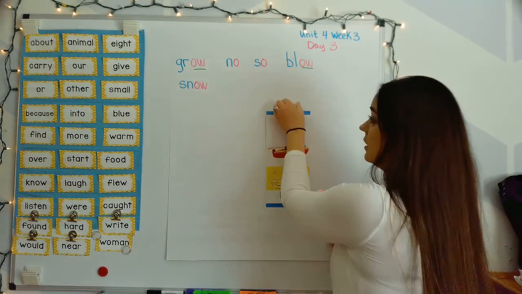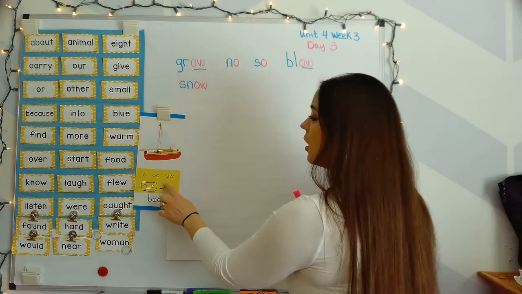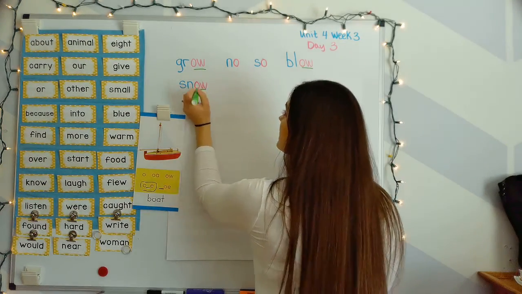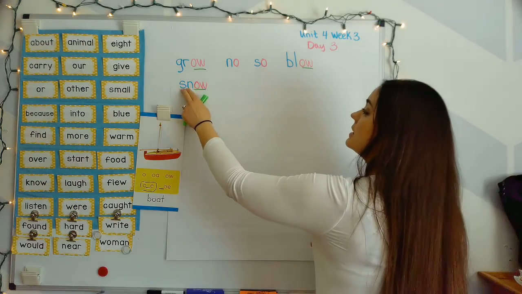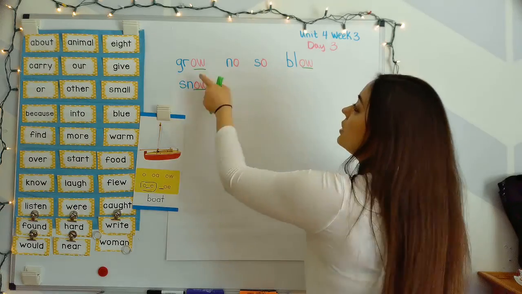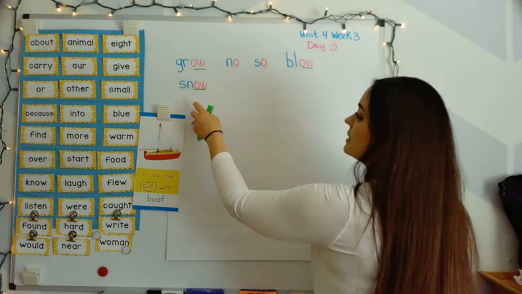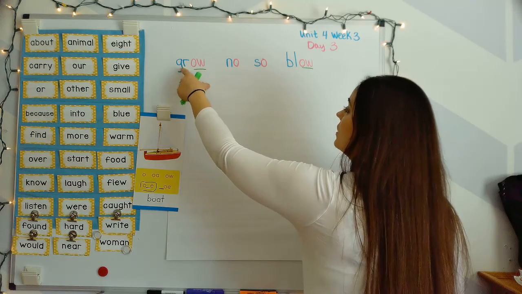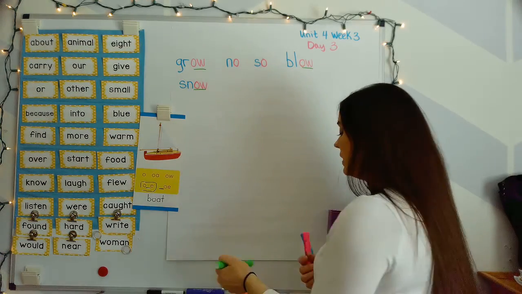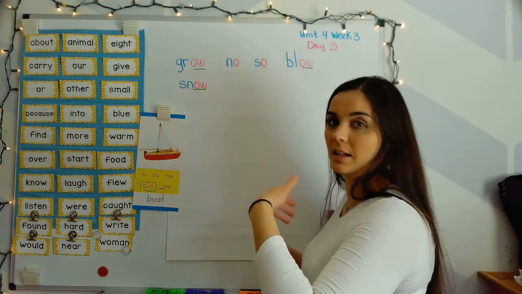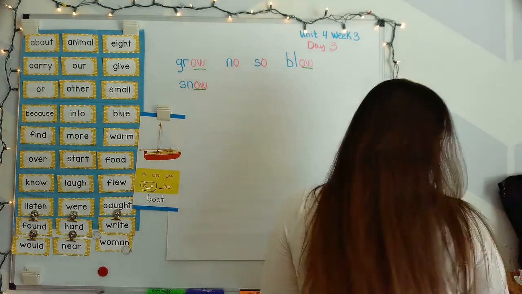And in this word, O-W is going to be that team that works together to say that long O sound. Sn-O, snow. So of course, with these beginning blends, you can sound them out letter by letter. You'll be able to put it together pretty easily. But like I've said, if they're longer words, you tend to get lost in the word as you're blending it.